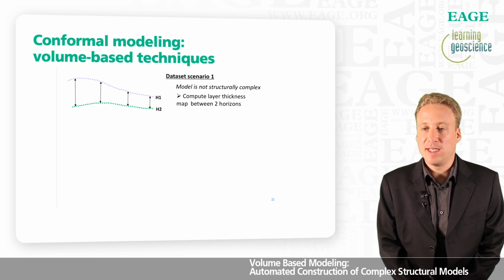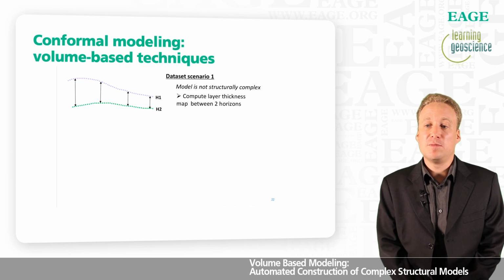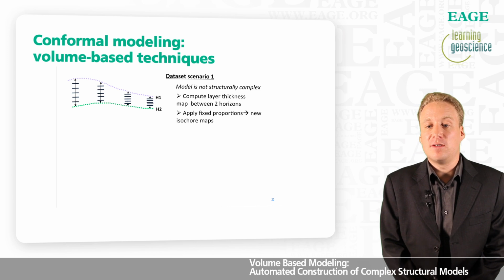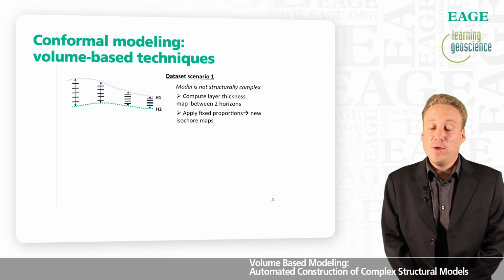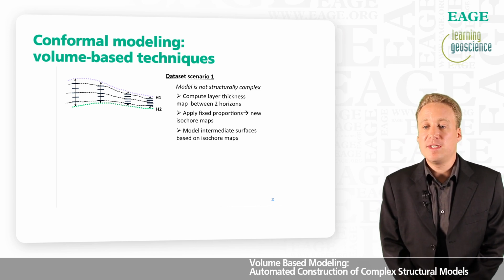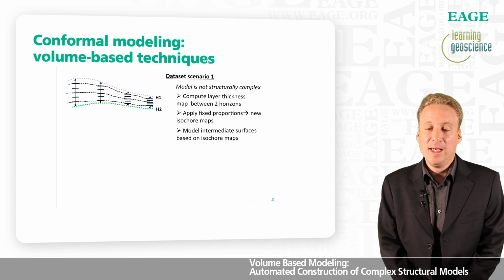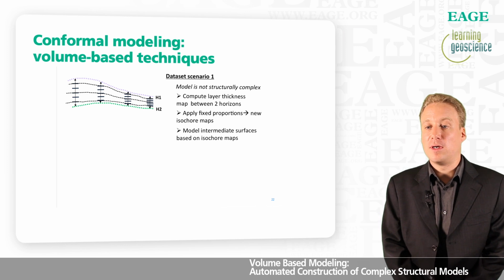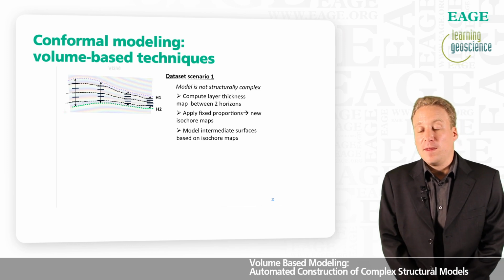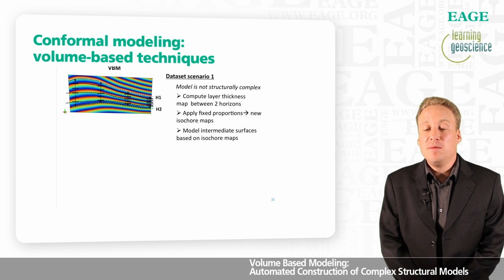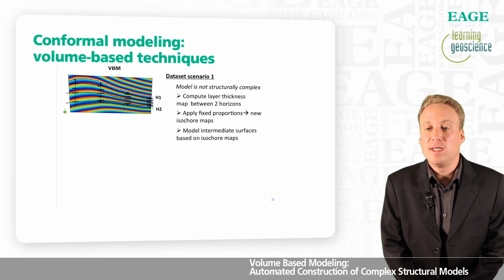What's done by surface-based technique is to compute the thickness between the two horizons, apply proportions to subdivide the thickness maps, create that way new isochore maps that can be used to model intermediate surfaces. That works well in simple scenarios, and in that case it gives a similar result to the volume-based modeling technique.